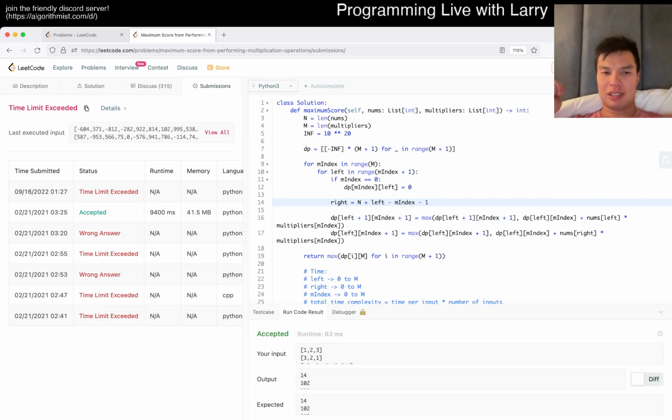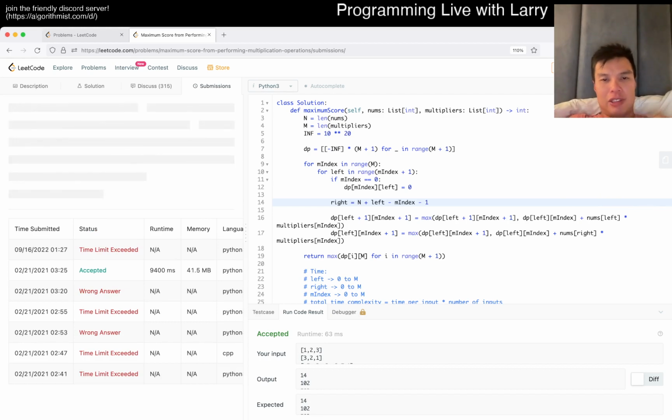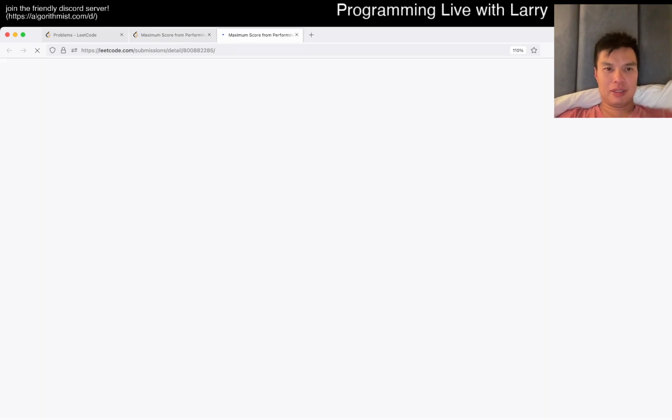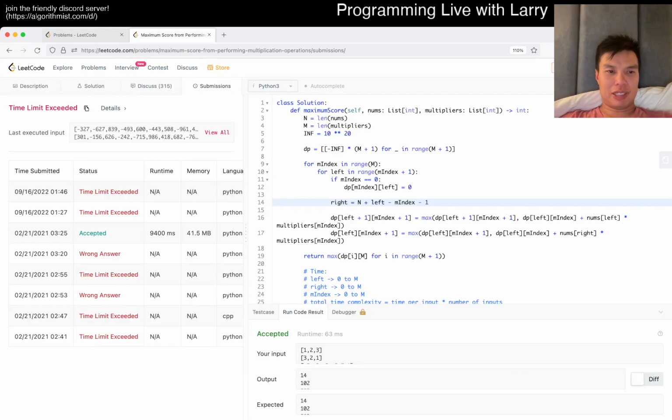We'll see if this is fast enough though. I don't know, because Leetcode clearly is a little bit silly with the test cases. If not, then oh my god. Oh my. 33, wow, that's even worse than before.